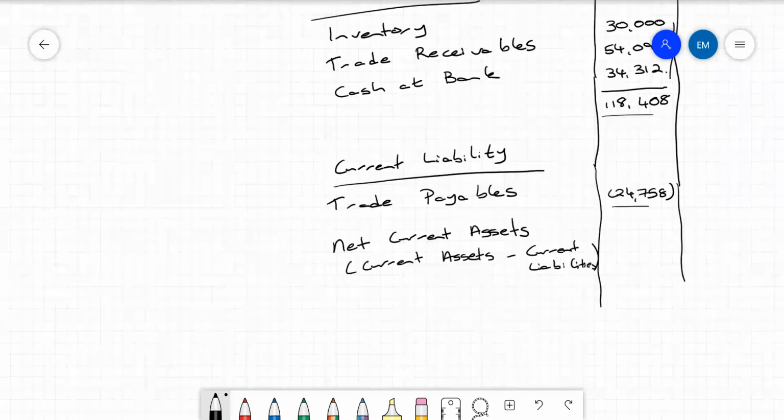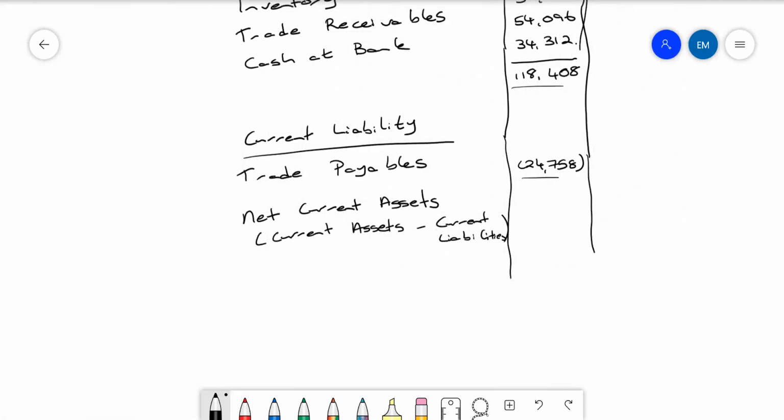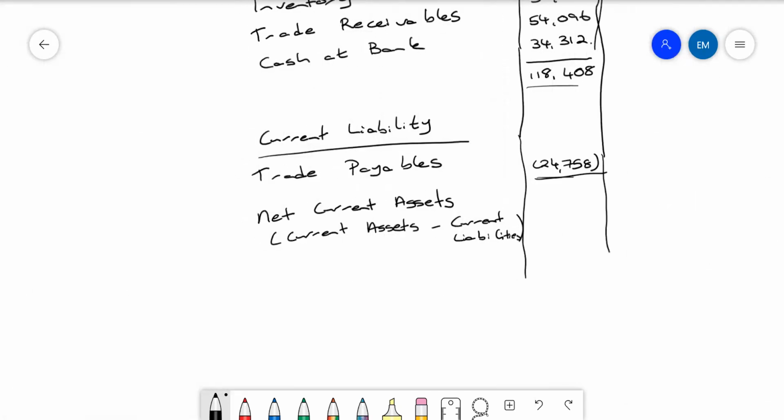So that will be €118,408, which is our current assets figure, less €24,758, which is our current liabilities figure. So that gives a net current assets of €93,650.